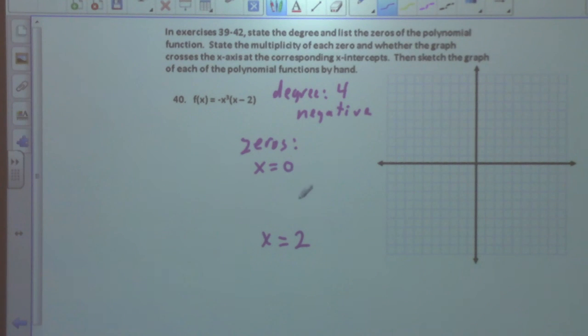What is the multiplicity of each zero? This is 0, multiplicity equals 1. And what about this one? 1.